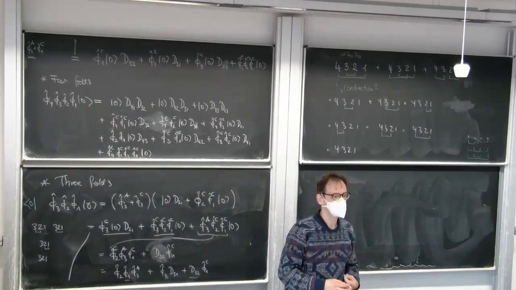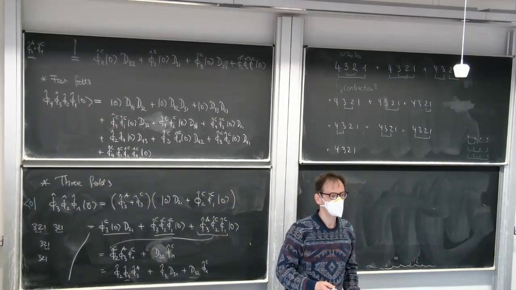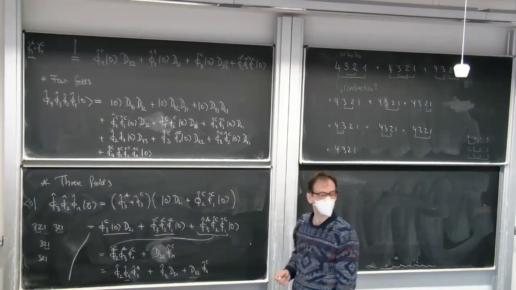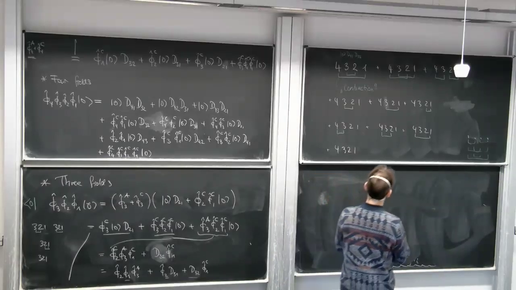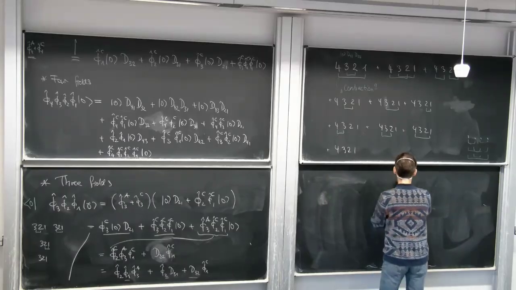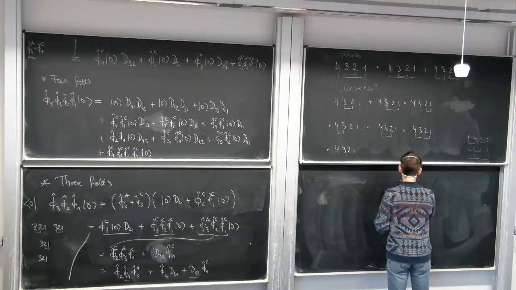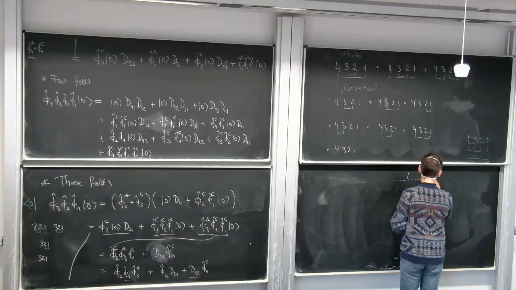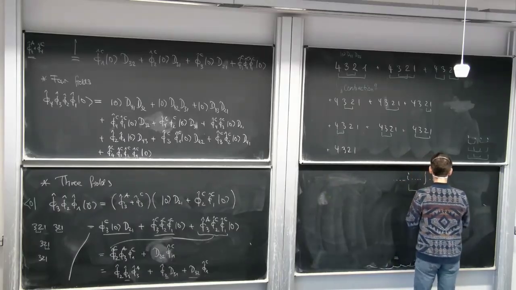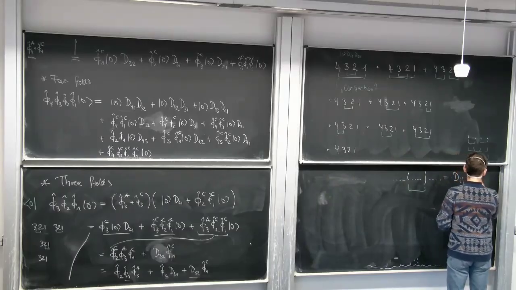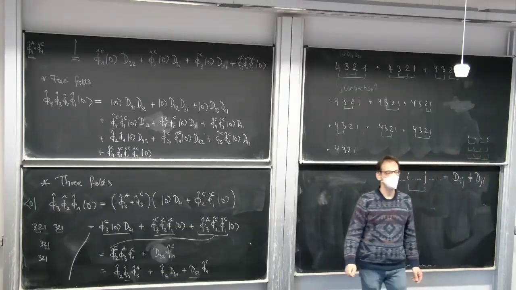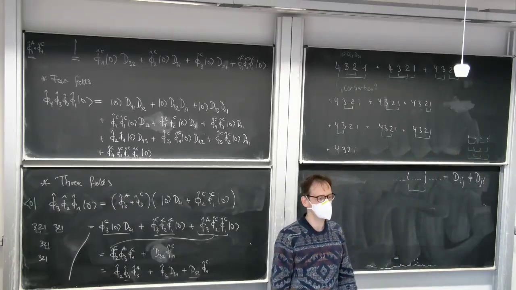I have one question. Since the D is not symmetric in these, the contraction somewhat. No, it somewhat isn't. It isn't. D, I, J is not D, J, I. Don't turn them around.